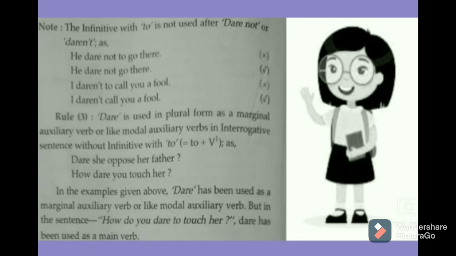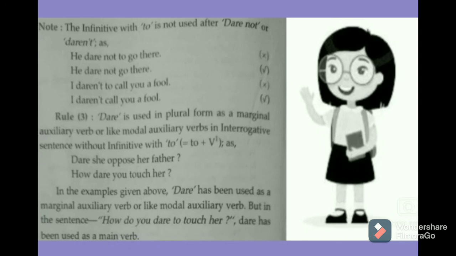Let's see rule number 3. Dare is used in singular form as a marginal auxiliary verb, or like modal auxiliary verbs, in interrogative sentences without the infinitive with to. Let's see the examples. Dare she oppose her father? How dare you touch her?